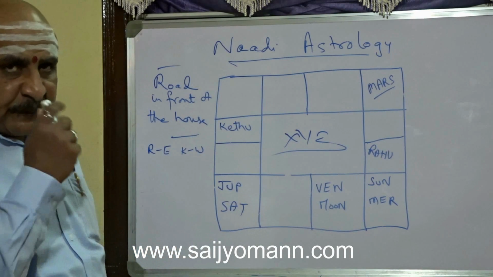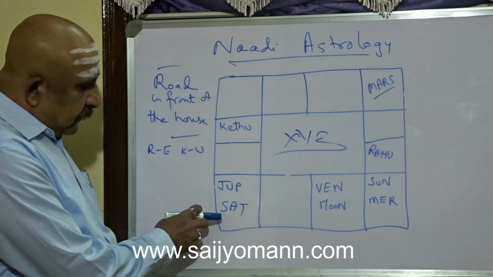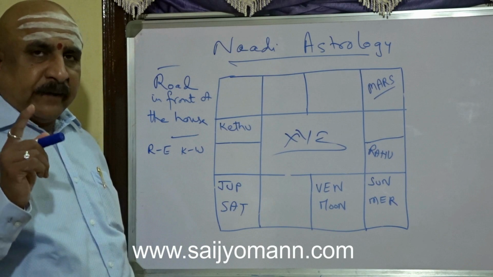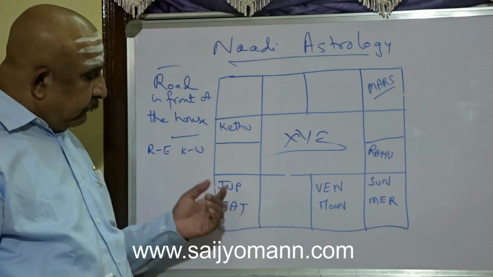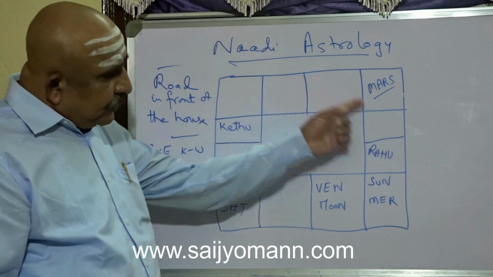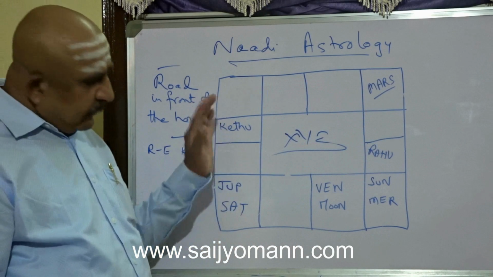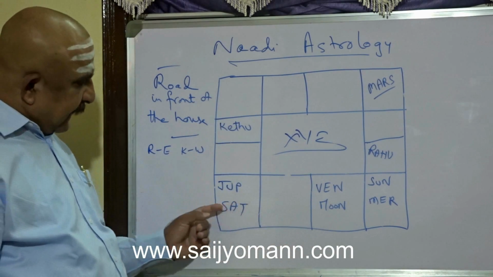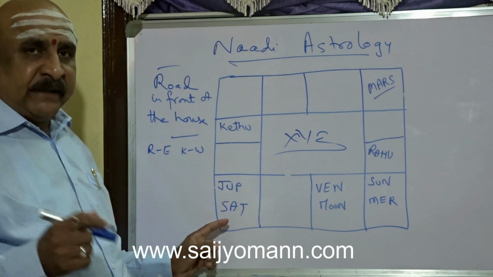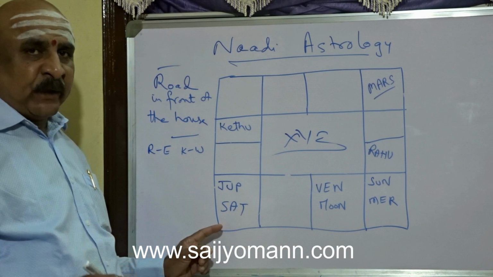Now, how do you start predictions? Okay, I think you digest this today. We will come back. We will deal with how the transiting Jupiter, with the same chart, what all it gives, in what period it gives. Period is important.